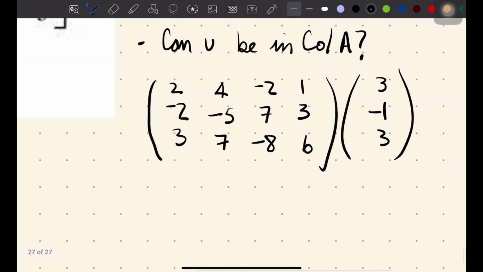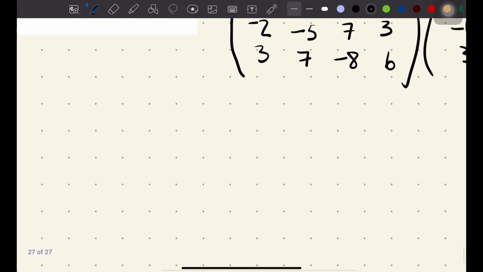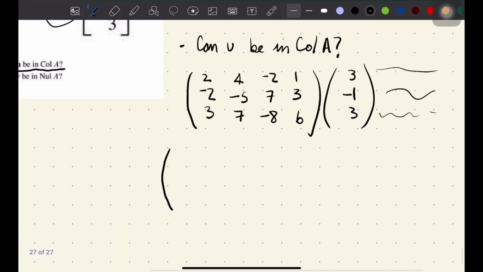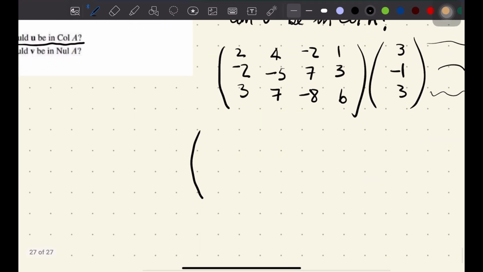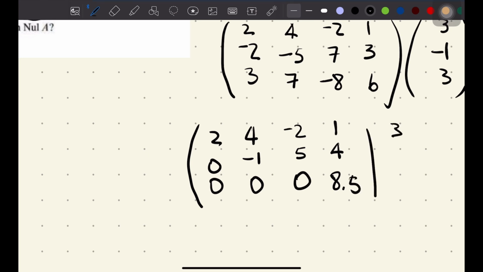But ultimately, if you do all the math, the row reduction for this will be 2, 0, 0, 4, -1, 0, -2, 5, 0, 1, 4, 8.5, 3, 1, -4.5.